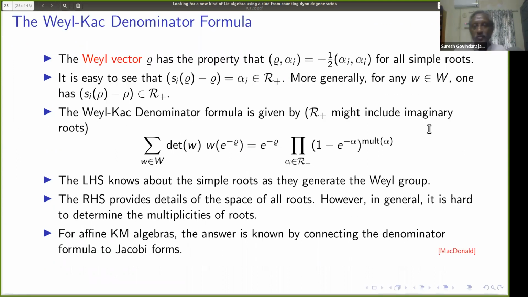So the Weyl-Kac denominator formula is actually a very interesting thing. It is a summation of some objects equal to a product of something. Let's look at the left-hand side.